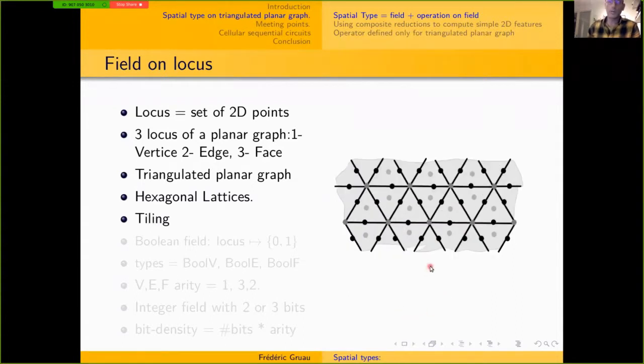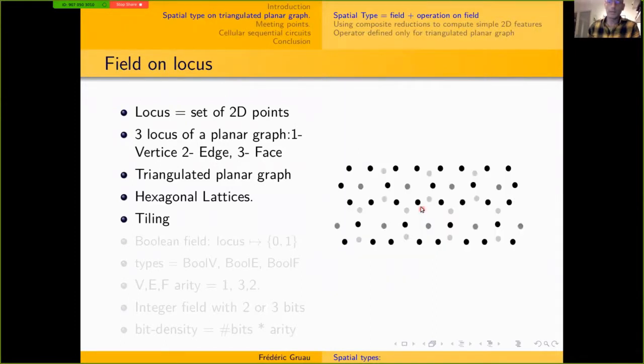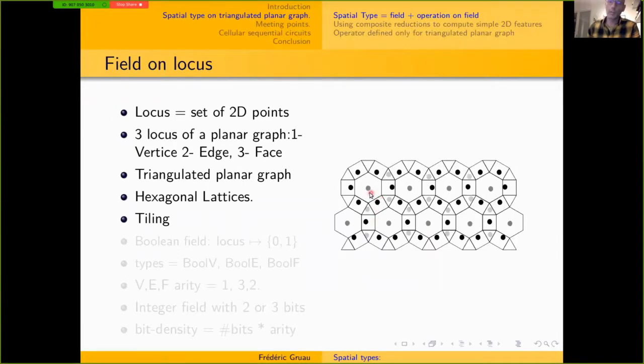We'll forget about the graph and consider only the locus, the 3 sets of points: vertex, edge, and face. And we do a tiling of the space using a kind of Voronoi tessellation. Vertex gets a hexagonal tile, edge gets a square tile, and face a triangular tile.